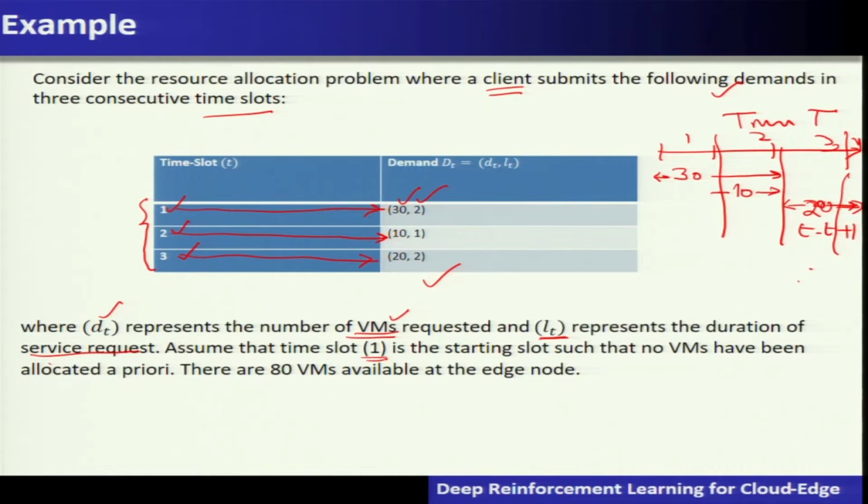Assume that time slot 1 is the starting time slot, such that no virtual machines have been allocated a priori. So, that means it is the start point. We also assume that there are 80 virtual machines available, and if you see, the demand is only 60. So, that means the virtual machines available at the edge node are good enough to accommodate that.